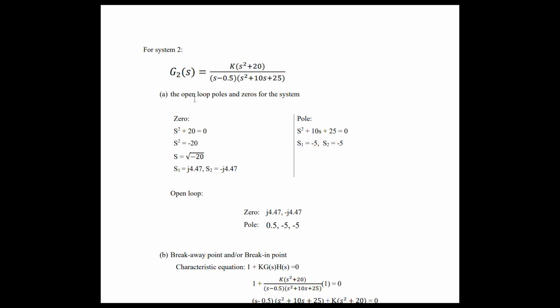In the transfer function, we can say this is the open loop. For the zeros, we get s1 equals j4.47, s2 equals negative j4.47. For the poles, we get s1 equals negative 5, s2 equals negative 5.